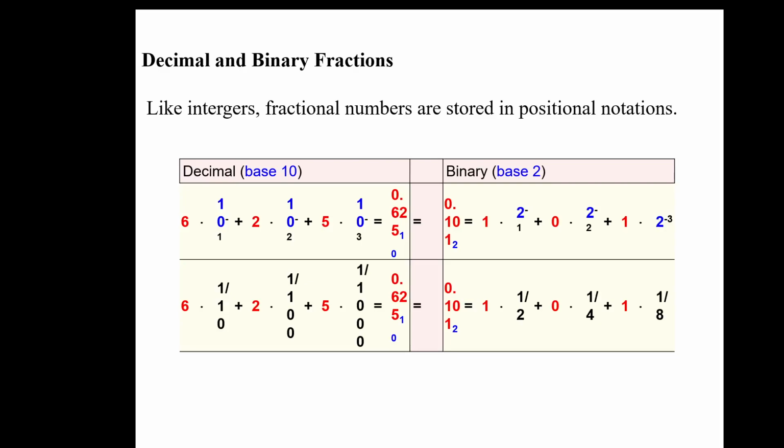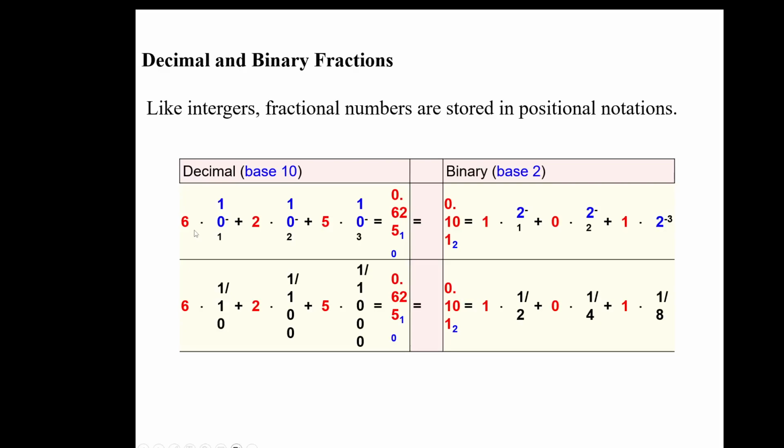To understand the representation of fractions in binary, we compare it to how it is represented in decimal. For example, in decimal, if you have the value 0.625, we're going to the right of the decimal point. When you go to the left, you multiply with an ascending exponent of the base. But going to the right, we divide with an ascending exponent of the base.